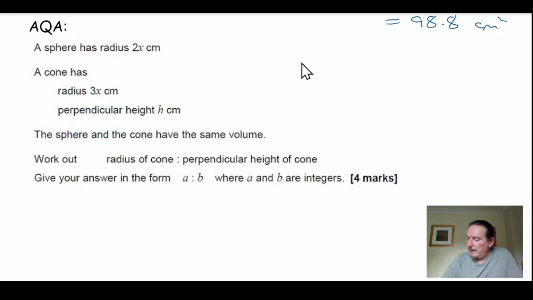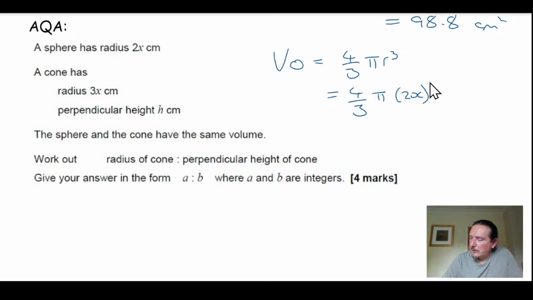Okay. So anyway, the volume of the sphere is going to be 4/3 pi r cubed, and we're told that the radius is 2x. So that's going to be 4/3 of pi times 2x cubed. Now, when you're cubing something that's got more than one thing inside it, you have to cube the 2 and cube the x, don't you?